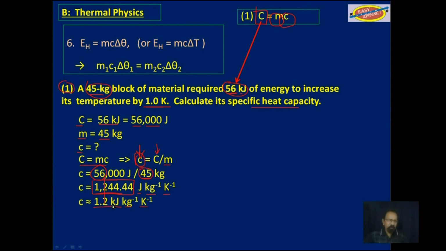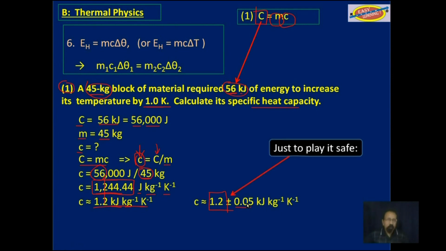And that should be acceptable for CSEC. However, just to be on the safe side, we can also add plus or minus 0.05 to this answer to ensure that we know what our uncertainty is, just to play it safe. This is also correct, but CXC actually requires this format.